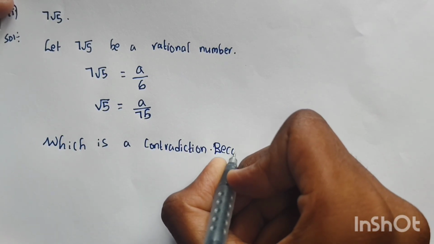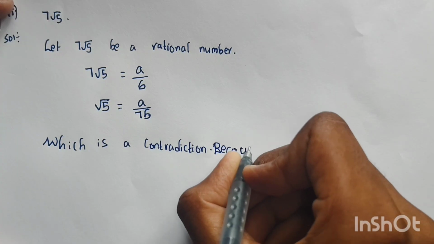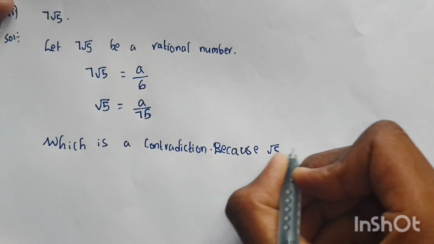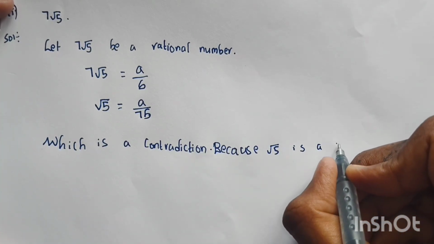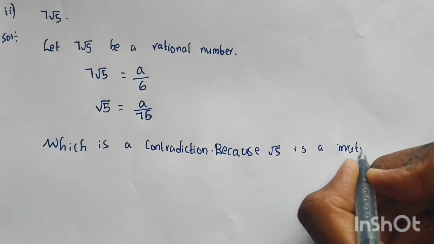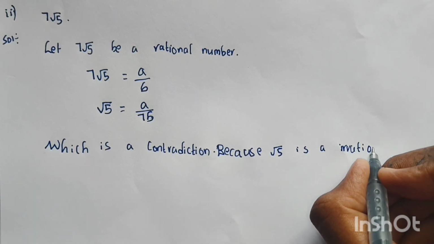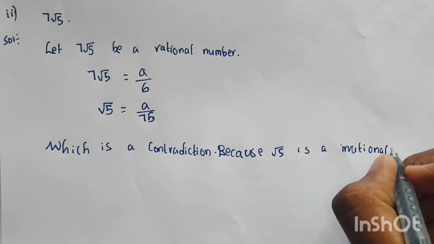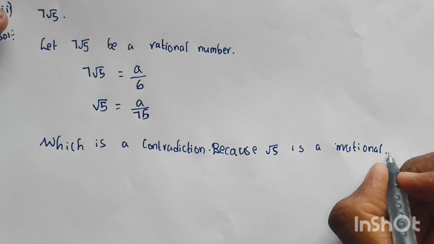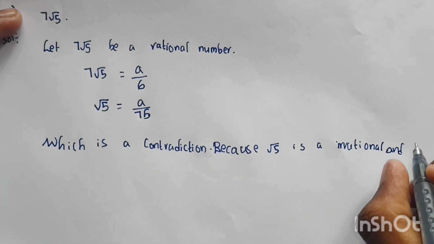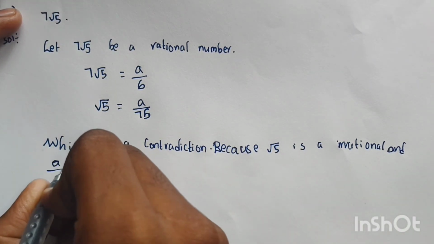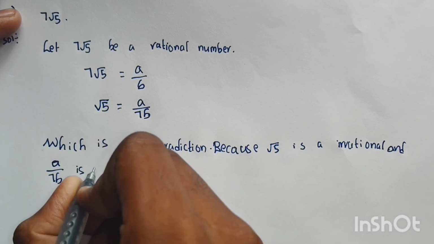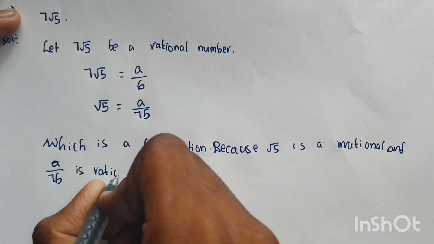because square root of 5 is irrational, and a by 7b is rational.